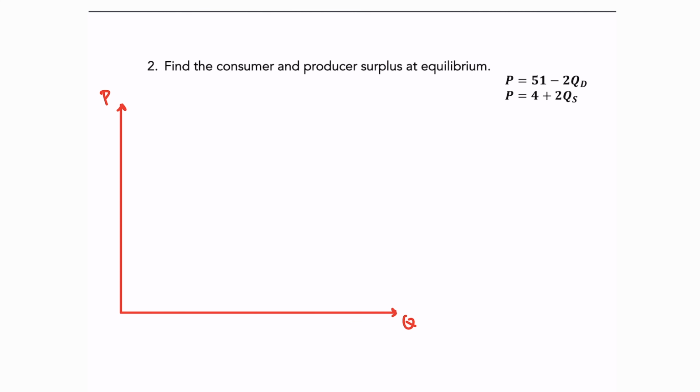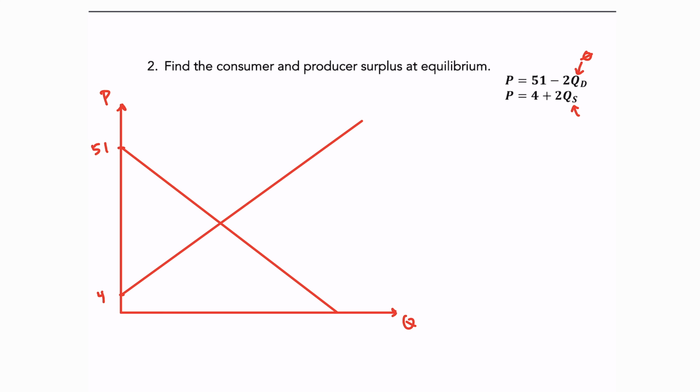I know that the intercept is 51, because if I were to plug in 0 as my quantity, I would have a price of 51. So 51 is up here, and demand is always sloping downwards. I don't really care for the x-intercept, so I'm not going to find it. For the supply equation, if I plug in 0, I would get a price of 4. I'll put that there, and this is sloping upwards.